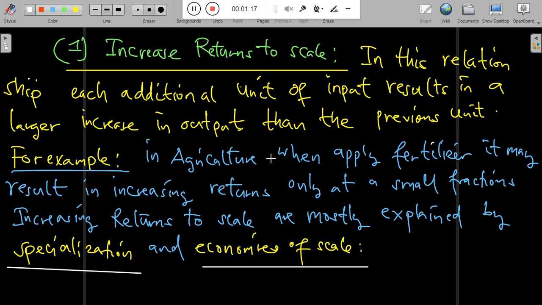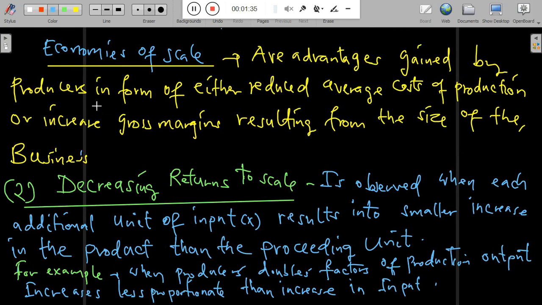Specialization is whereby you organize the work among specialists, individual professionals, so as to increase efficiency. And economies of scale is where you produce high output with minimal cost. So economies of scale are advantages gained by producers in the form of either reducing average cost of production or increasing gross margins resulting from the size of the business.